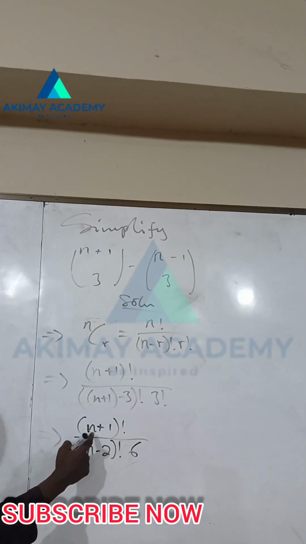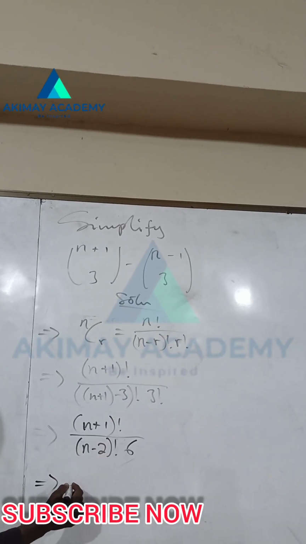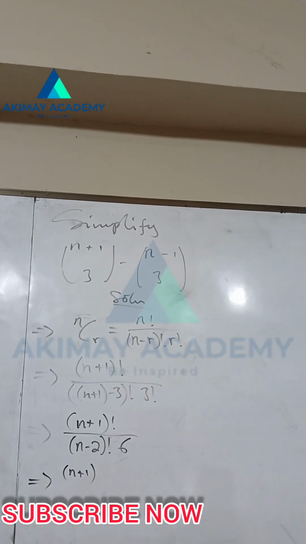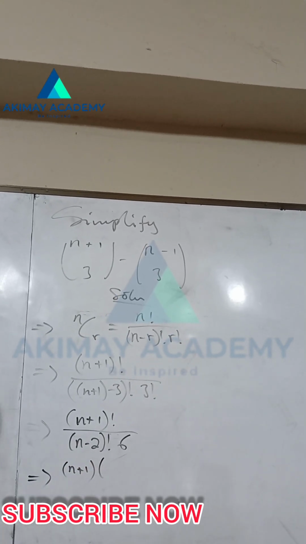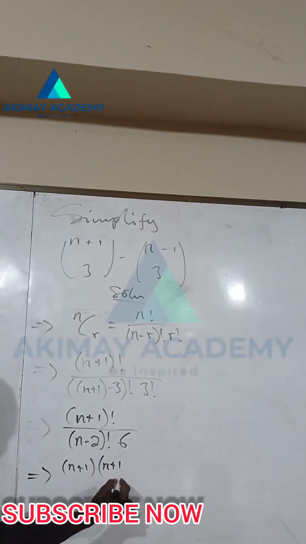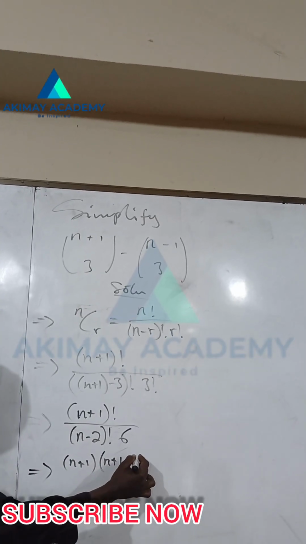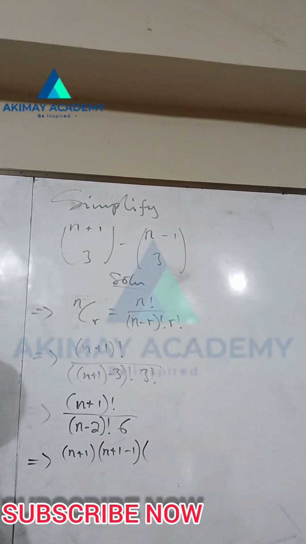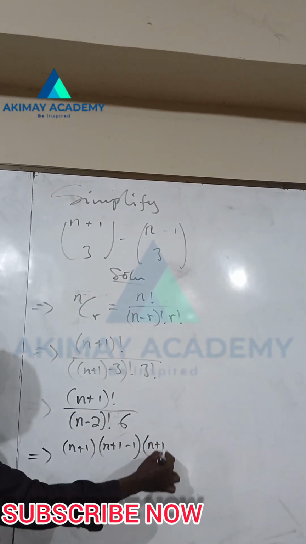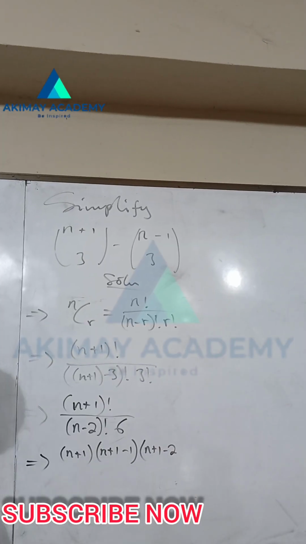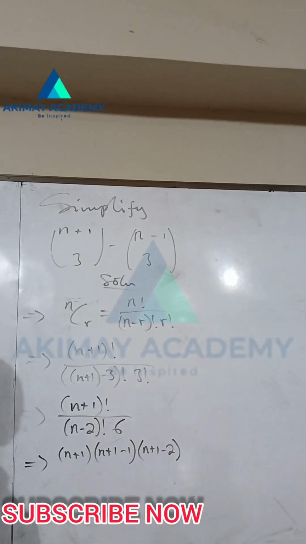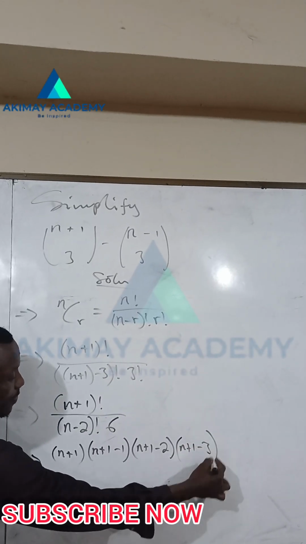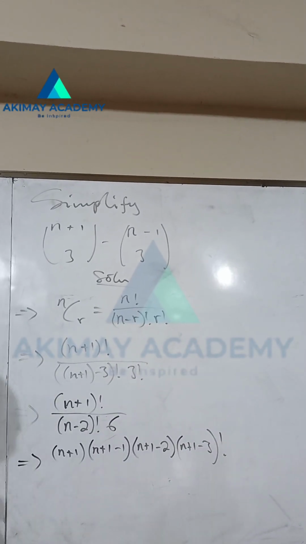So we know that n plus 1 factorial, for the expansion, we have n plus 1, okay, multiplying n plus 1 minus 1, okay, multiplying n plus 1 minus 2, okay, multiplying n plus 1 minus 3, okay, factorial.